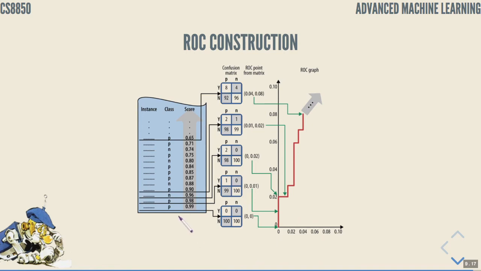So we start with the lowest possible or the highest possible threshold, right? We don't include anything, as I said, into the positive class. And as soon as we're moving the threshold up just by one number or another number, we will either get this prediction correct or incorrect.